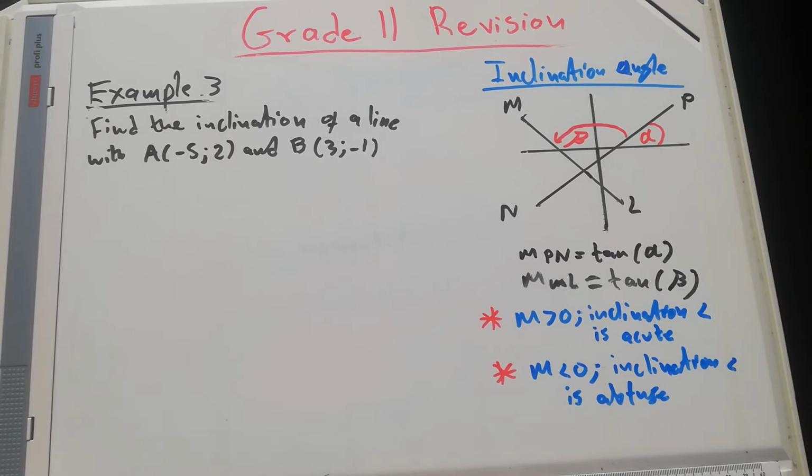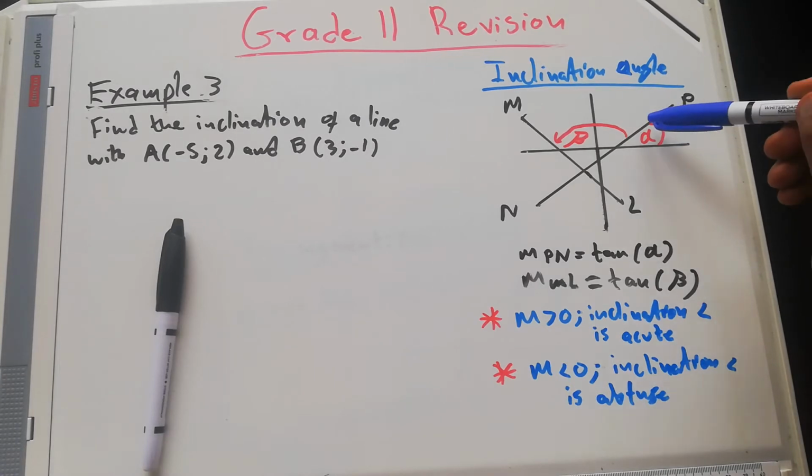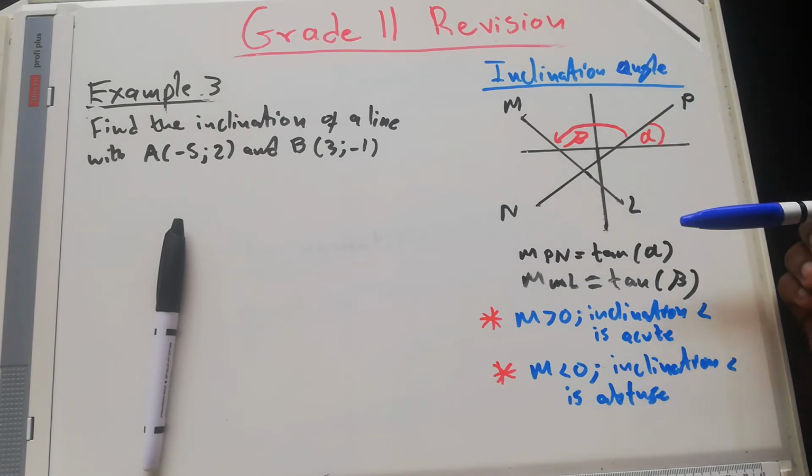Question 3 is inclination of an angle. Just a quick recap. Remember that the inclination of an angle on a line is the angle that specific line makes with the positive x-axis. So the angle a line makes with the positive x-axis, that's your inclination angle.